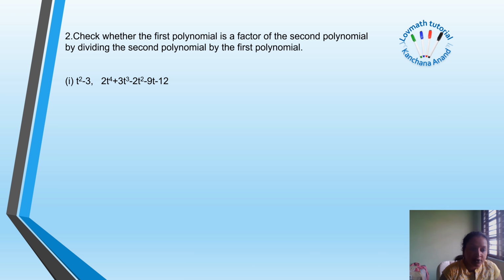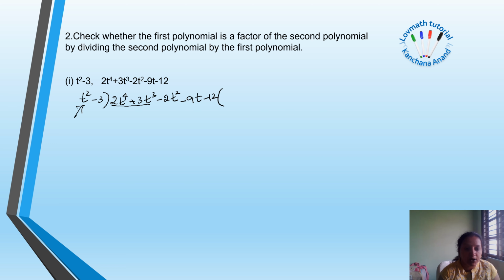Now let us start our division. Therefore, t square minus 3 is divided by 2t to the power of 4 plus 3t cube minus 2t square minus 9t minus 12. To divide the first two terms, that is 2t to the power of 4 plus 3t cube, we have to multiply this first polynomial by 2t square.